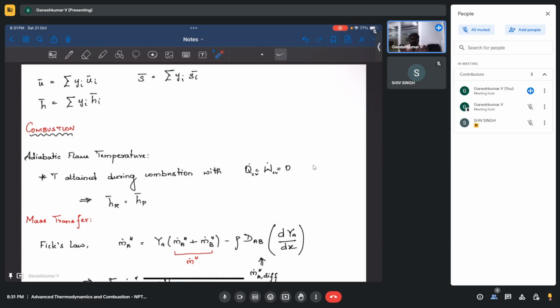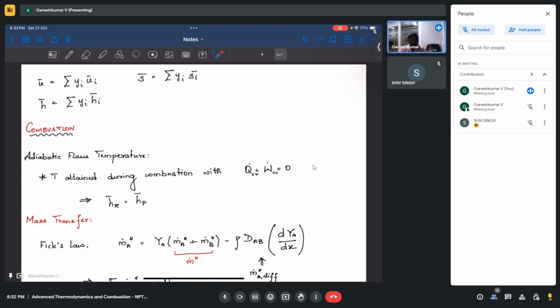That is what happens in engines. Combustion deals with how to convert this chemical energy to thermal energy. So how much energy can you get from combusting a fuel? Let's say there is a reaction between fuel and oxidizer, and after this reaction you will form some products.